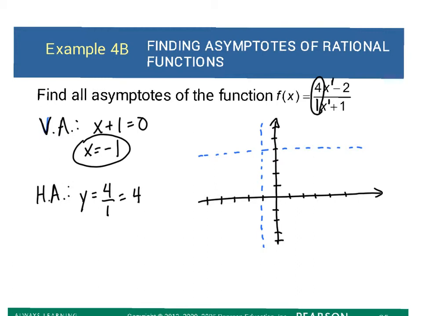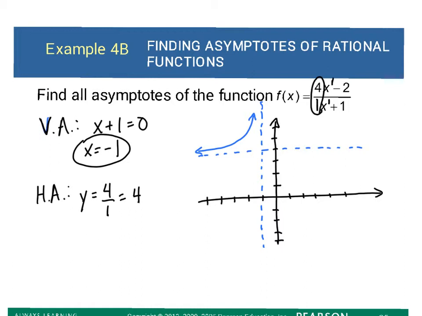So if you plug in points on this side of the vertical asymptote, you will find that your graph is up here in this area. And then the rest of the graph, if you find points that are to the right of your vertical asymptote, it's going to be in this area right here that I'm circling right now.